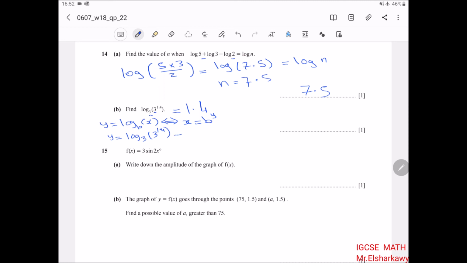This is equivalent to x being 3 to the power of 1.4. This will be equal to b, which is the base of the log, 3, to the power of y. And this is what we want to find, y, which is log base 3 of 3 to the power of 1.4. So the y will be equal to 1.4.